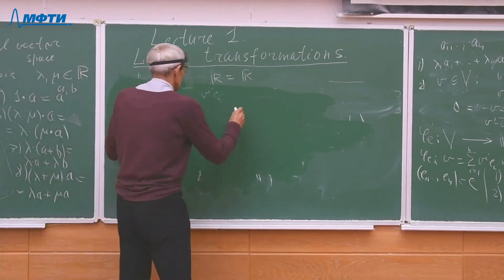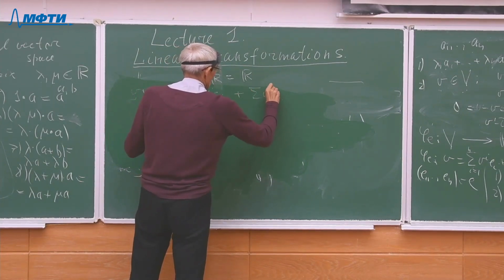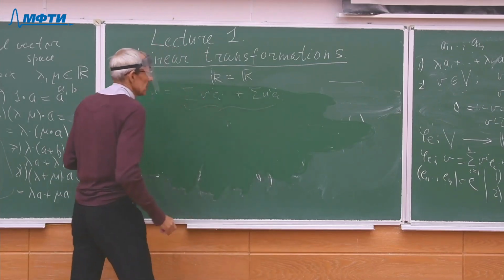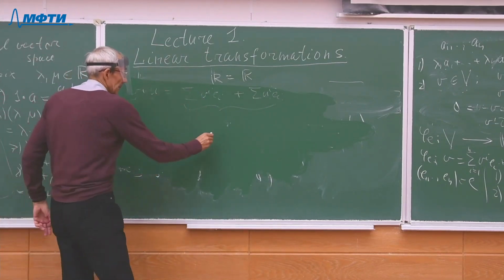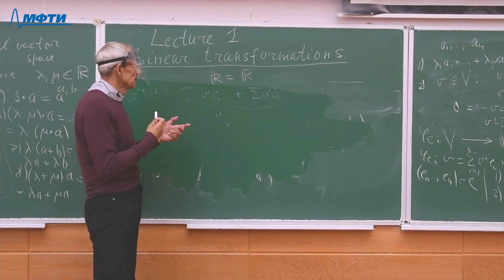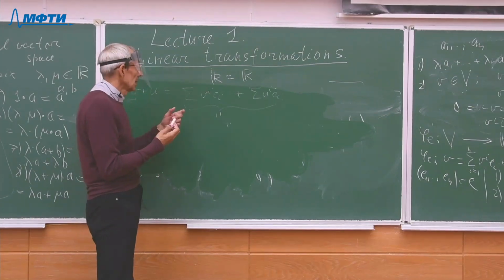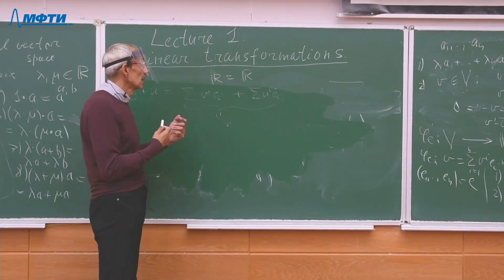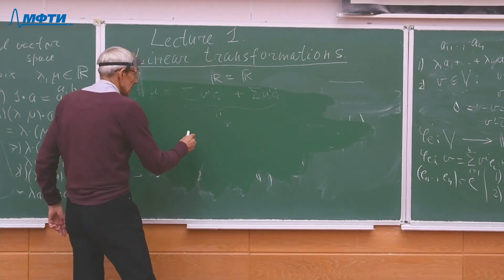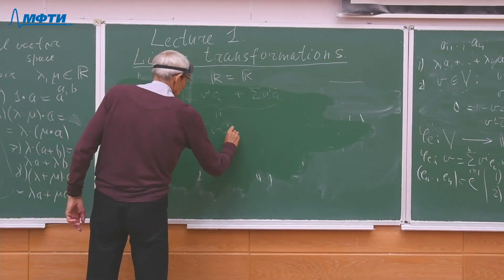If I expand the second, I obtain the following sum. But using axioms, I can use commutativity and distributivity, and I can rewrite this equality in the following form.